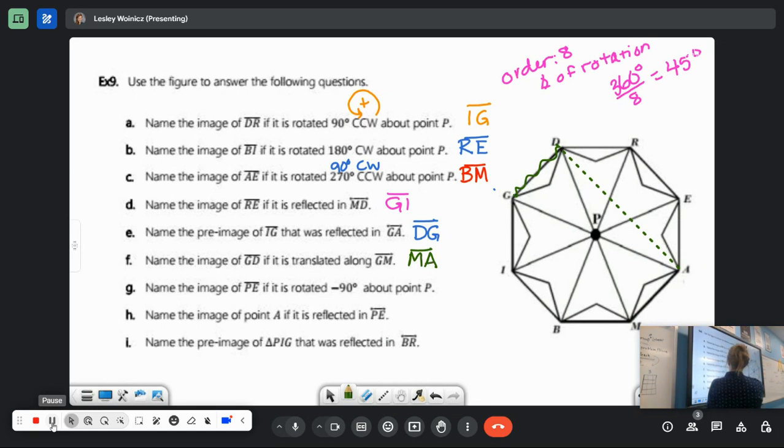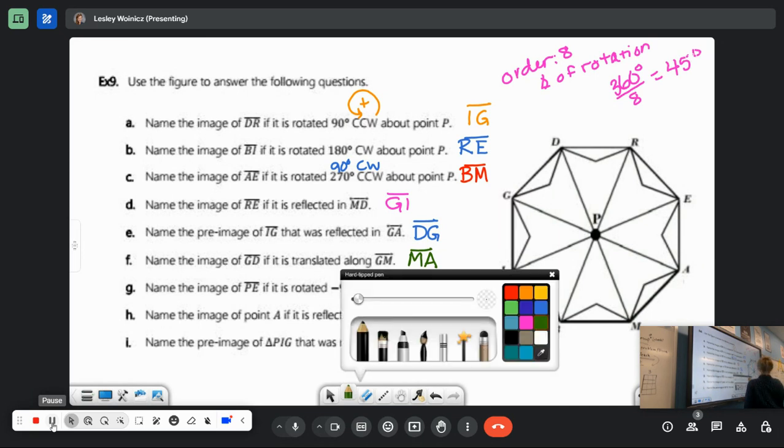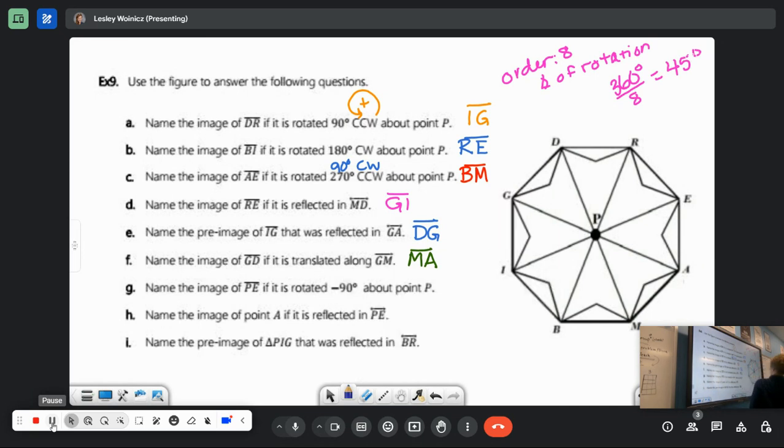Okay, name the image of segment PE if it is rotated negative 90 degrees about point E. Go ahead and think about it while I get this cleaned up. Okay, negative 90 is clockwise or counterclockwise?